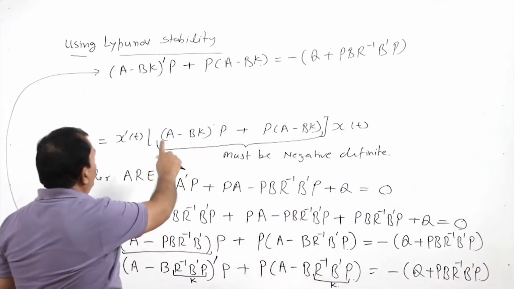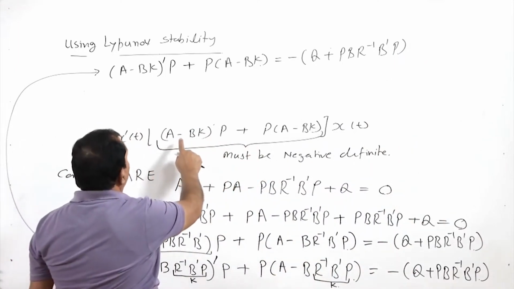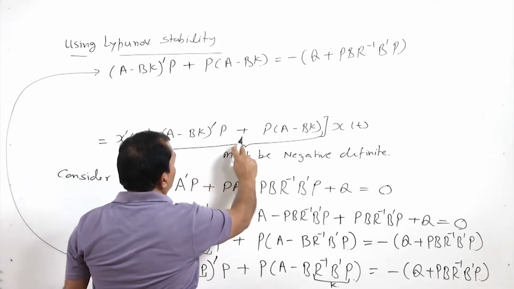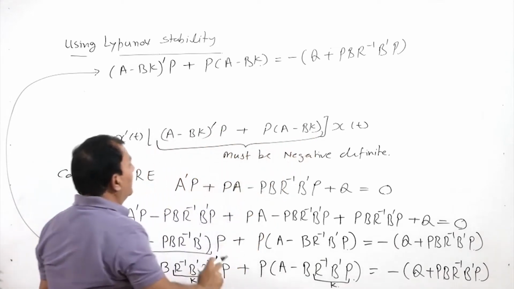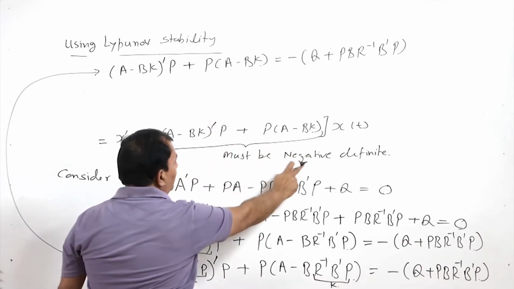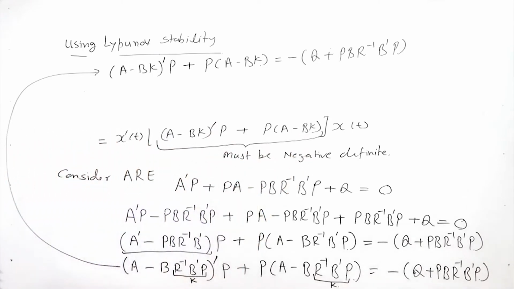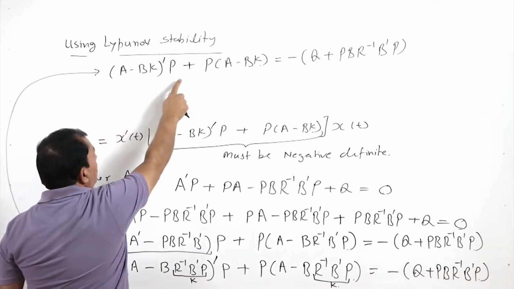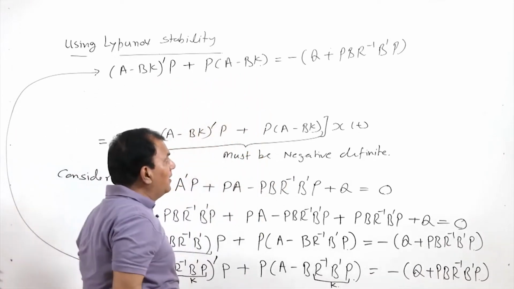So, what was my matrix? A minus Bk prime P plus P A minus Bk. This I have to prove to be negative definite. So, my matrix is A minus Bk prime P plus P A minus Bk.